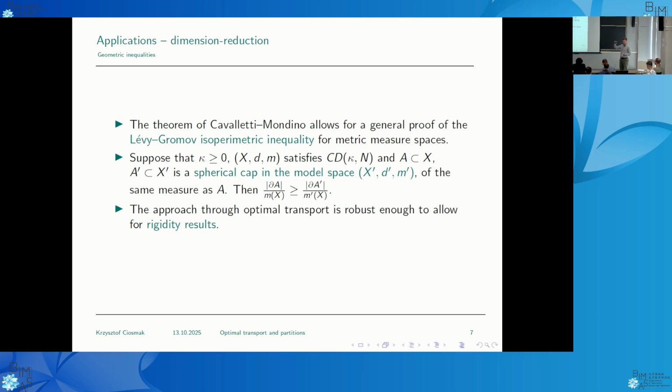A spherical suspension is basically you take your space X as an equator and then you glue a sphere around it. They were also able to prove that if there is a bounded discrepancy between these two quantities, then there exists some spherical suspension to which our original space is close.